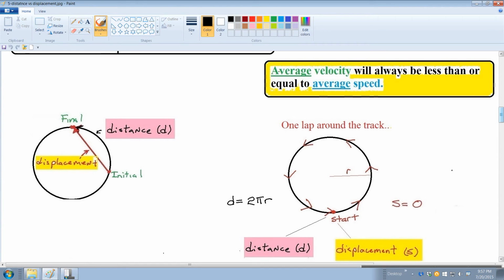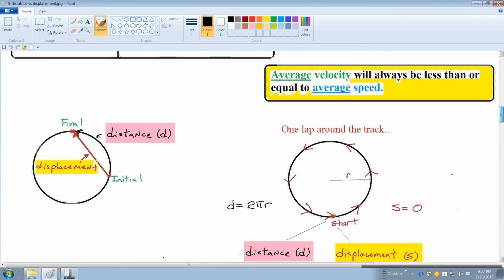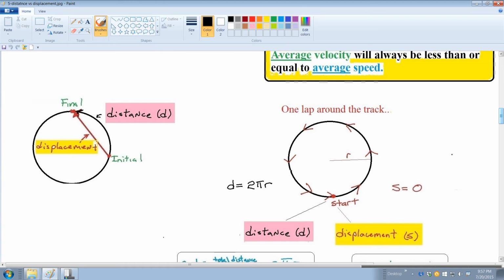If you took that concept a little further, and you had a problem where you were taking a race car around a track, and it went around and ended up back at the starting line, the distance would be 2 pi r, the circumference of the track, divided by the time. The displacement would be 0 because the initial and the final positions are the same.